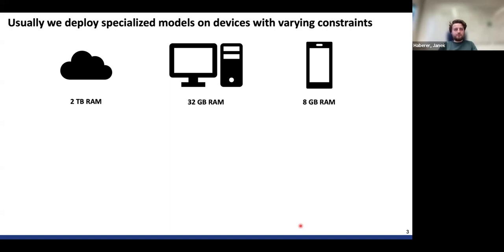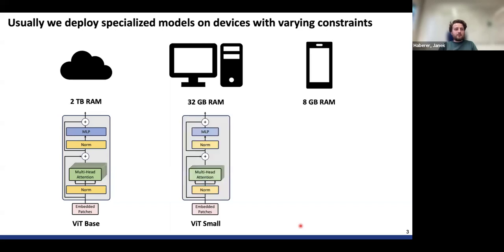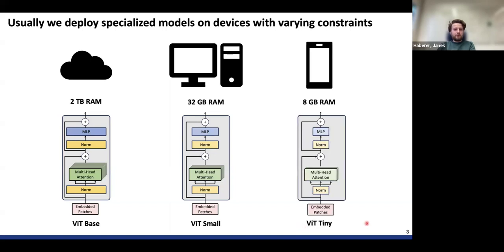We need to devise specific models that work on these devices. On the cloud, we might deploy an architecture like ViT base, on our desktop PC maybe a ViT small, and on our mobile phone models like ViT tiny. Again, this is just an example, but you should get the idea.